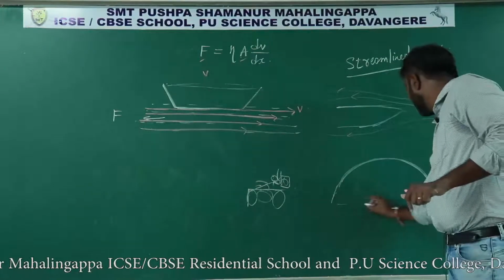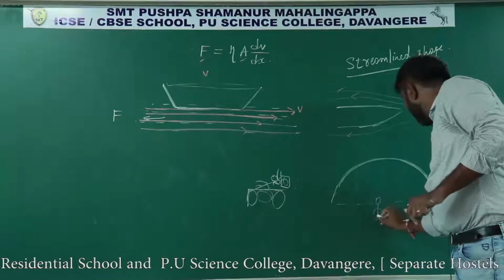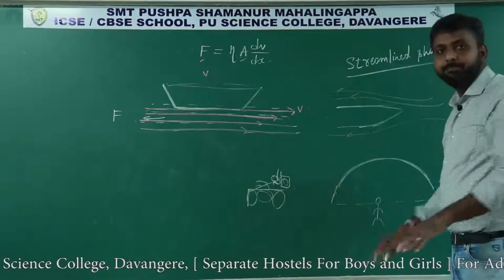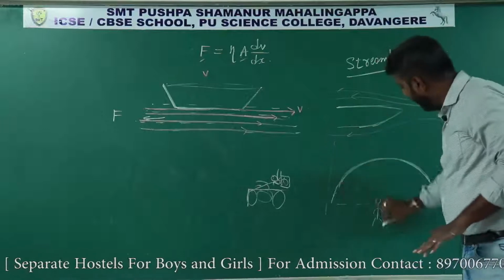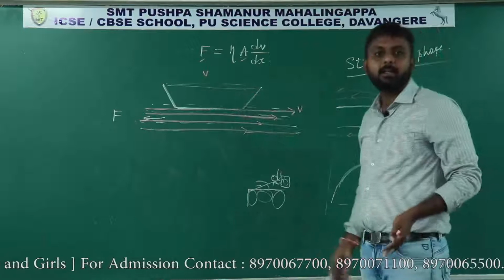Then the person jumping from a certain height is moving in a fluid medium, the air medium. The drag force acting is also more. Why? Because the drag force depends upon area.